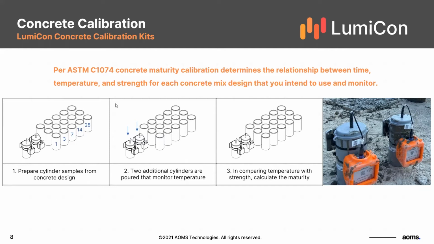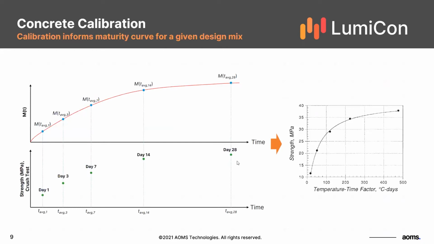Maybe in those cases, you want to squeeze these samples into a break schedule of every 4 hours, every 6 hours, every 10 hours, depending on the design mix. But at the end of the day, we need to have a minimum of 5 data points to be able to create the calibration profile.